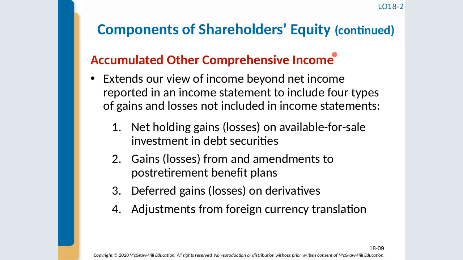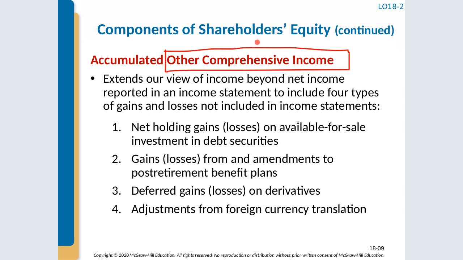And then we have our accumulated other comprehensive income. If you recall, in BA 300 in chapter 4, when we were looking at the income statement, we also discussed other comprehensive income, or the comprehensive income statement, which is a statement that is right after the income statement. And the first line on that comprehensive income statement is net income from the income statement.